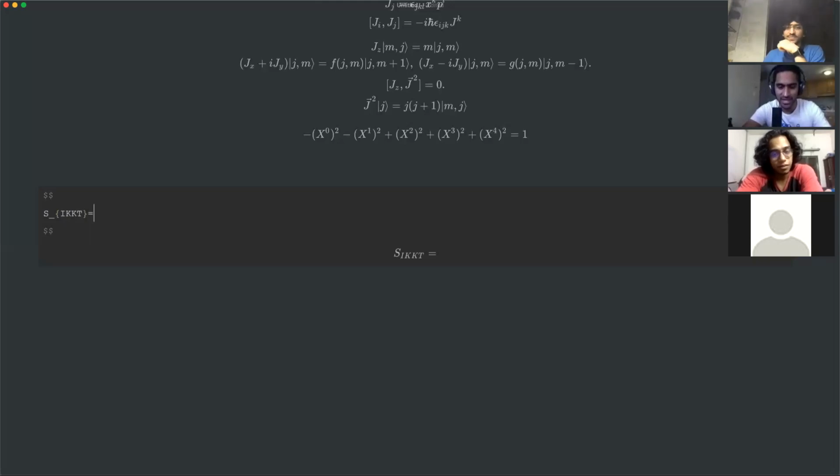So it has an action that looks like this.